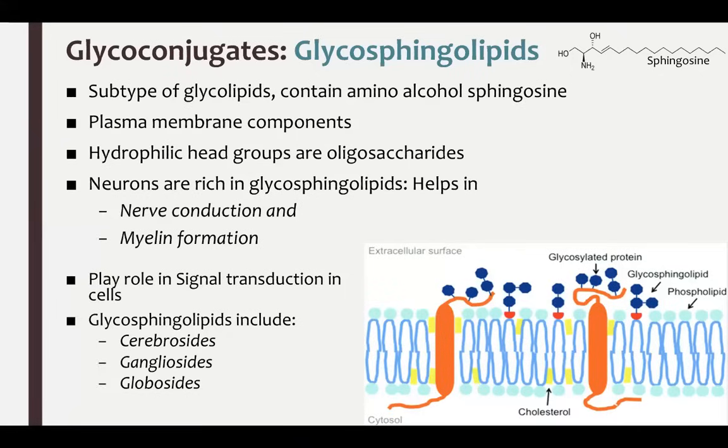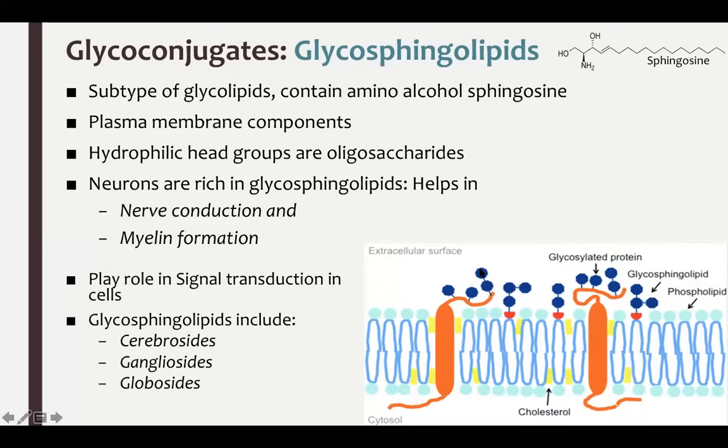The nerve sensation will go to your brain, and then it comes back toward that part. Like if you touch your hand, then you get the sensation on that hand. So this is called nerve conduction. And the glycosphingolipid is also involved in myelin formation.